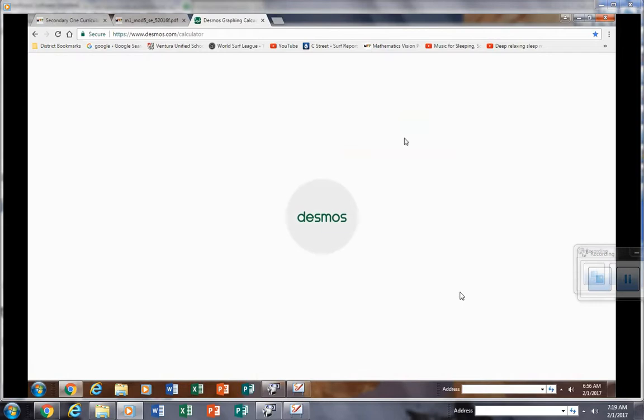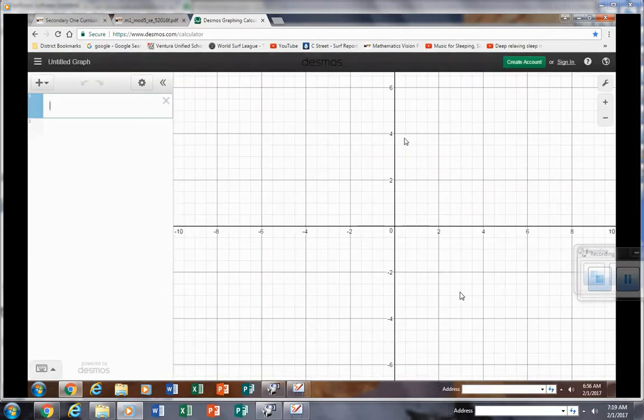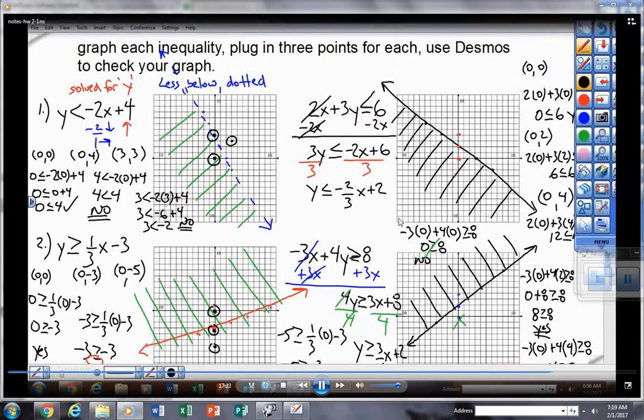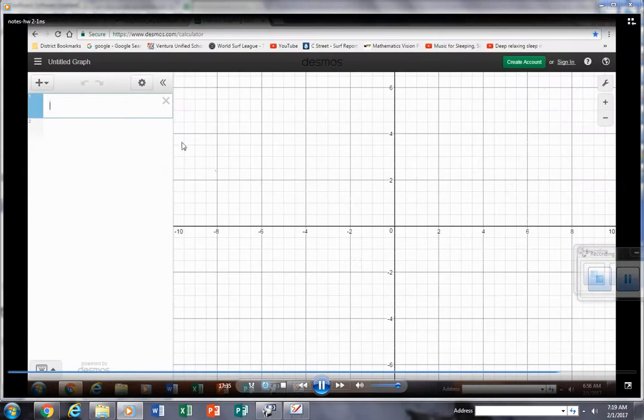And then what this does, it gives you the ability to type in your inequality right here, and then it will graph it for you. So I'm going to do this first one right here, y less than negative 2x plus 4, and see if it matches this graph right here. So y less than negative 2x plus 4 should give me this graph line, dotted line, should look like this. Let me see.